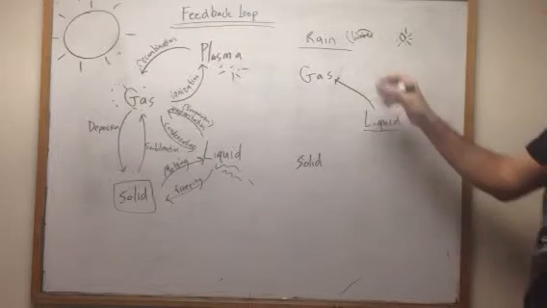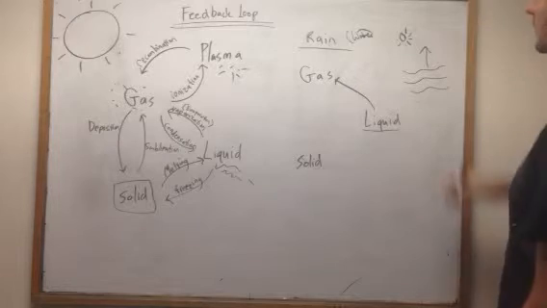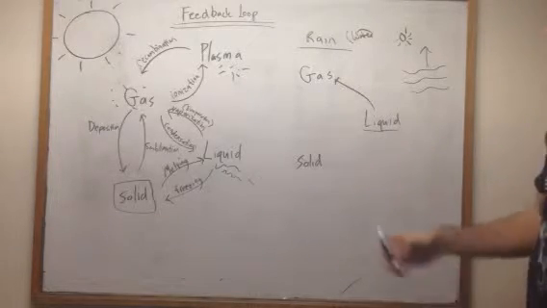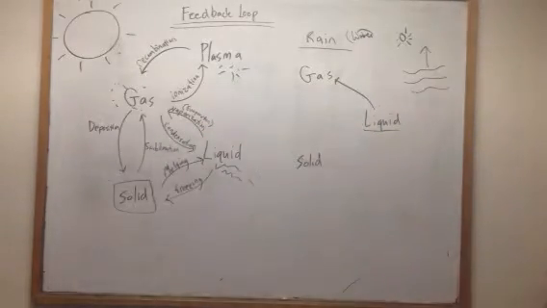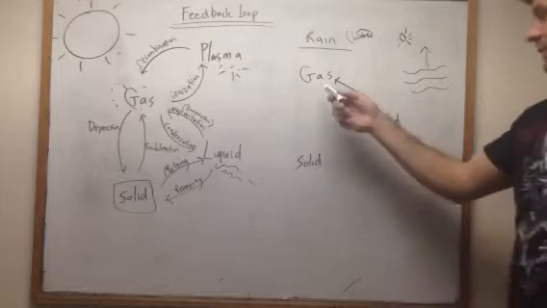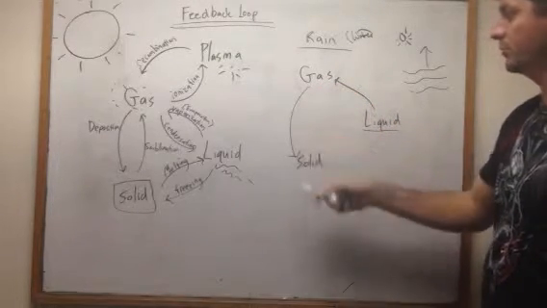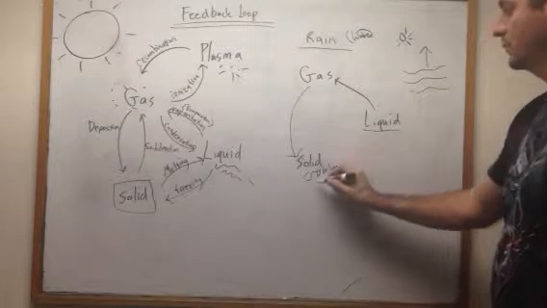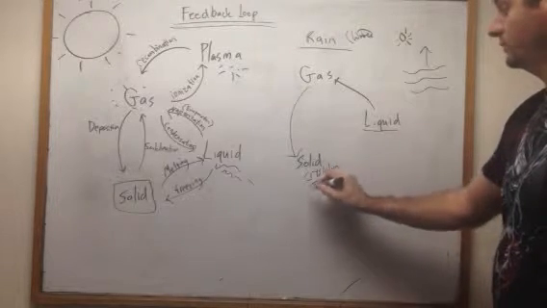Then it rises up into the atmosphere, okay? And it then condenses rapidly and undergoes gas deposition, meaning the gas cools rapidly and becomes solid material, becomes a crystalline structure. That's what the clouds are made of.